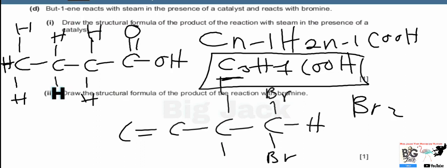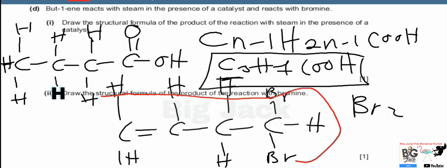The rest are going to be hydrogen atoms. That is how we draw the structure of dibromobutene, which is obtained from the reaction of but-1-ene and bromine. So that was the last one.